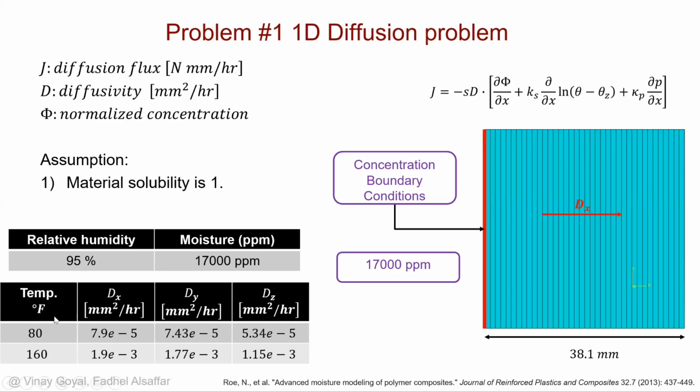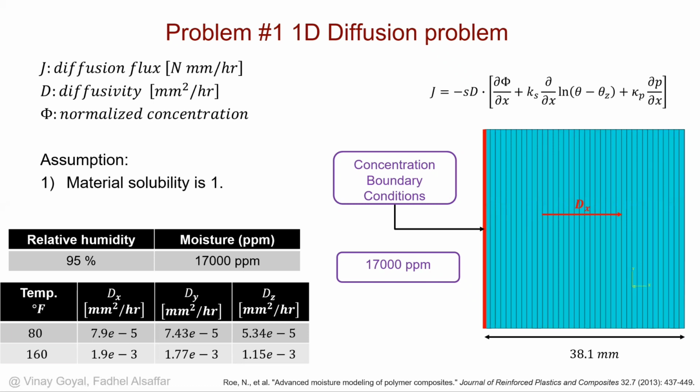And here it's described at two temperatures, and you can see how large it changes from one temperature to another. So we'll set these two parameters at two temperatures, and then in Abaqus we want to see how the boundary conditions change as we change from here to here, and how fast that diffusion process will be.